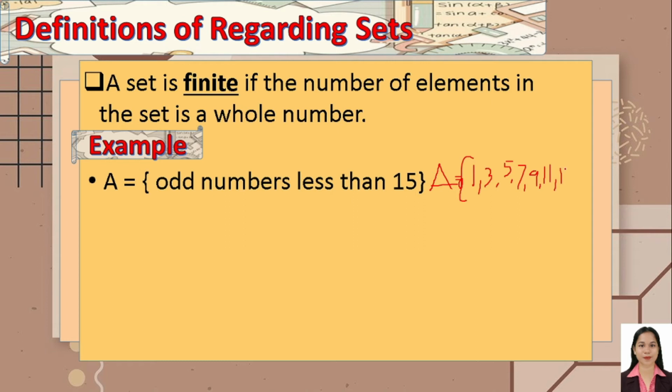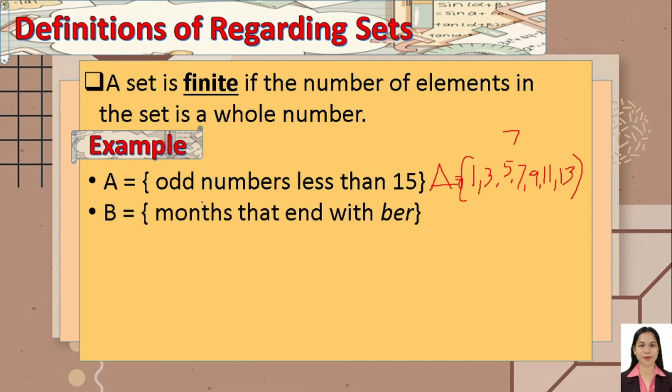So, these are the odd numbers that are less than 15. So, how many number of elements in set A do we have? So, we have here 1, 2, 3, 4, 5, 6, 7. So, there are 7 elements in set A. So, 7 is a whole number. So, therefore, set A is a finite.